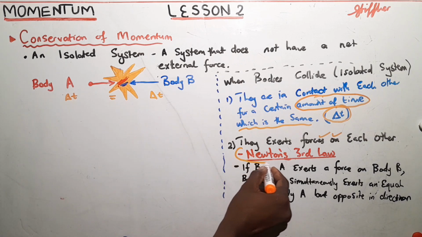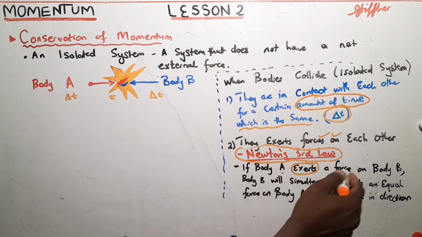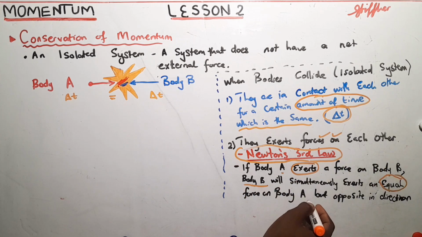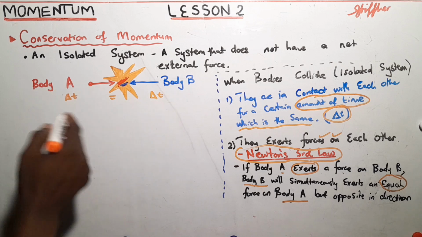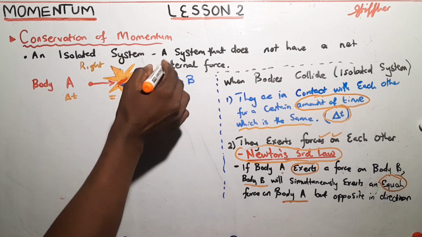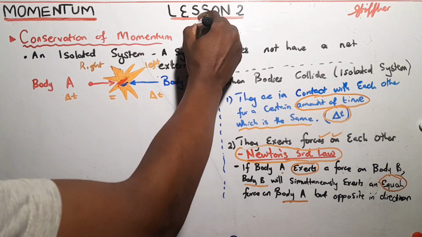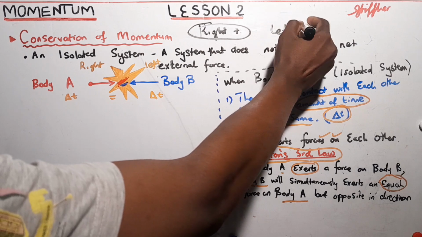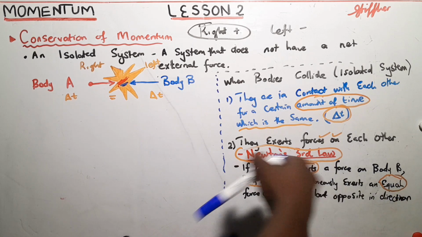But according to Newton's third law, which we studied in grade 11, we learned that if body A exerts a force on body B, body B will simultaneously exert an equal force on body A but opposite in direction.